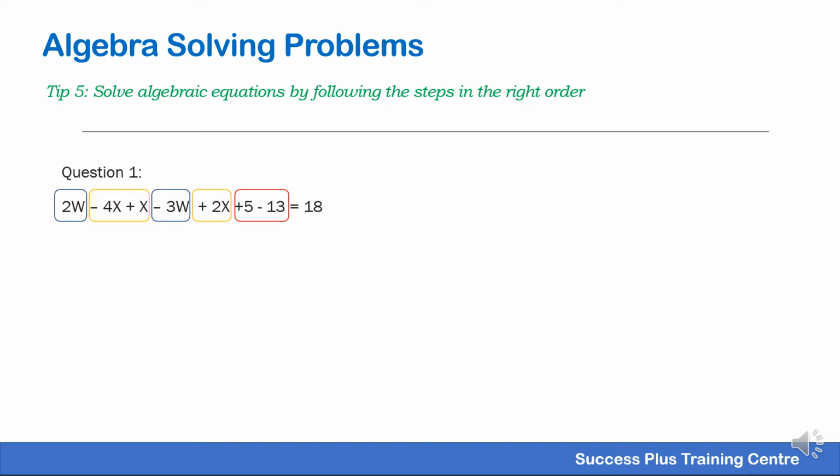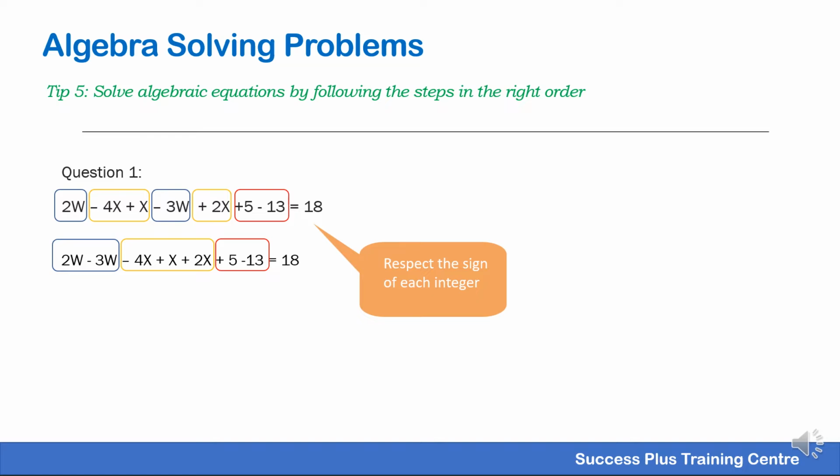To add and subtract similar terms only, we need to put those similar terms together. This means 2w take away 3w, take away 4x plus 2x plus 5 take away 13 equals 18.